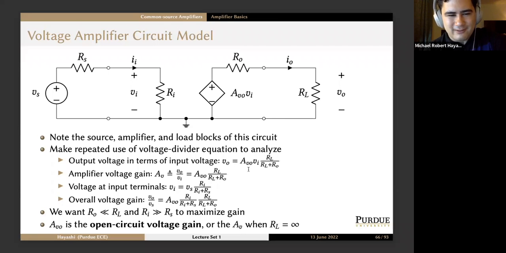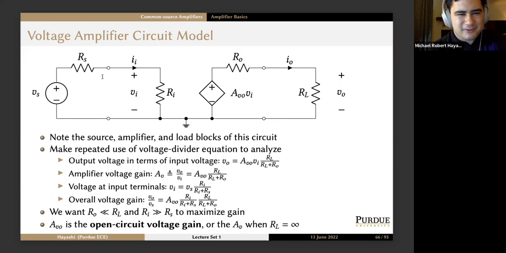So if we want to talk about the amplifier voltage gain, it's just VO to VI. That's just AVO times RL over RL plus RO, where AVO is the open circuit voltage gain, or the voltage gain you would get if RL was equal to infinity. So that's how you would characterize it, by doing an open circuit test of this amplifier block.